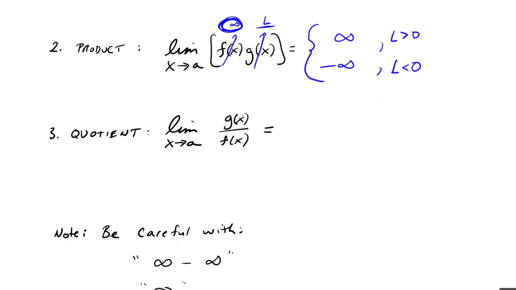All right, how about the quotient? The specific quotient of g of x over f of x. So as x is going to a, we remember that g of x is going to some L, and f of x is going to infinity. Okay, so one of the big things in limits is simply being able to look at a fraction and talk about what happens when numerators and denominators get big or small.